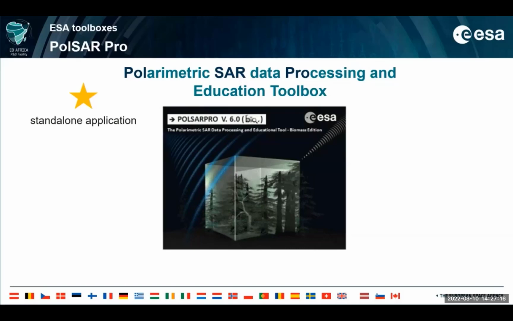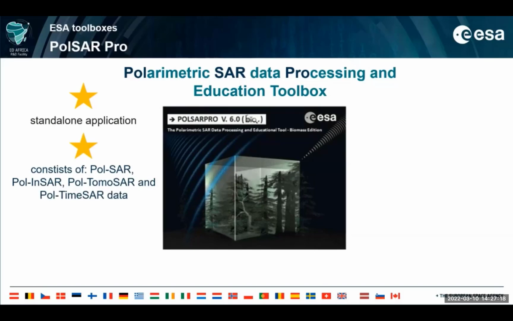This software has been developed in 2003 under the contract between ESA and the Institute of Electronics and Telecommunication of the University of Rennes. The software contains a collection of well-known algorithms and tools, establishes a foundation for the exploitation of polarimetric techniques for scientific developments, and stimulates research and applications developments using PolSAR, PolInSAR, PolTomoSAR, and PolTimeSAR data.